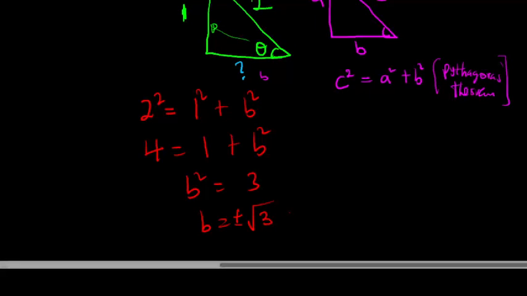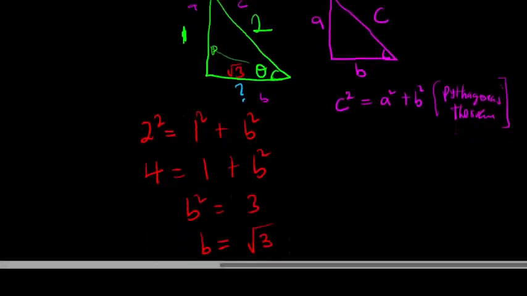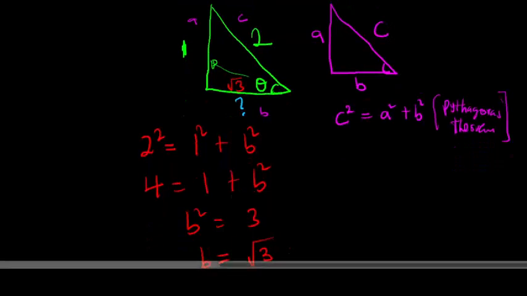I will explain everything when we get to quadrants, but you have to get this basis first. Now, B is root 3. So since B is root 3, that means we can easily find the other trigonometric ratios. So let's draw it back.